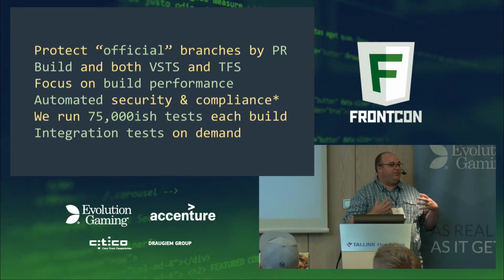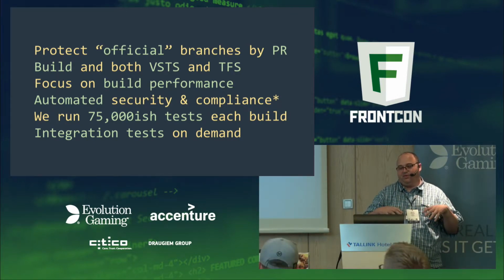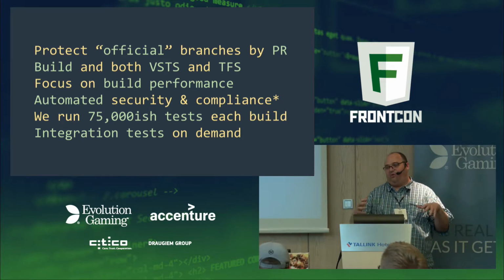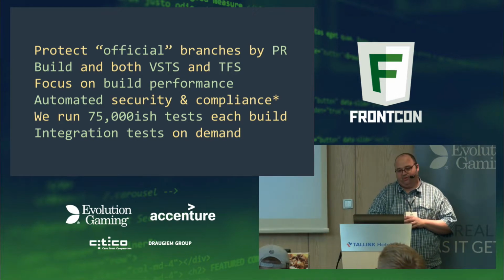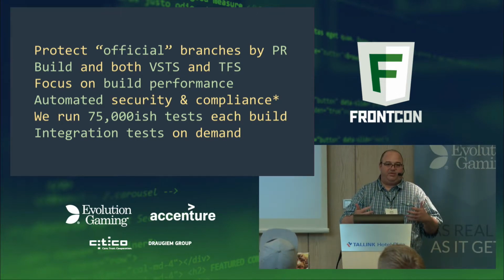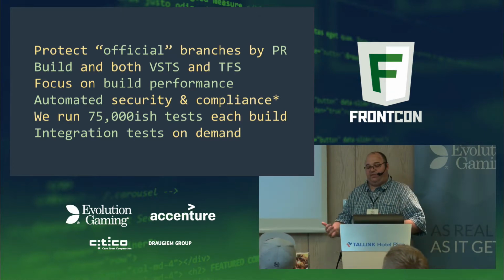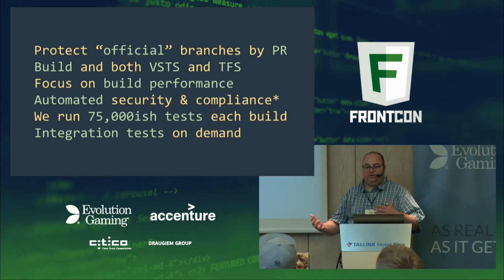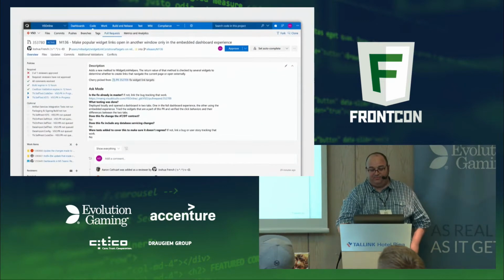So once I've got some code that I want to merge into the product, the branches that we ship from are protected by PR policies. So you're probably all pretty familiar with pull requests. When we submit to a branch for a PR, we actually build the source code for both VSTS and TFS because we ship both products out of the one code base. And there's a pretty big focus on the build performance. We want to make sure that we can build as fast as possible.